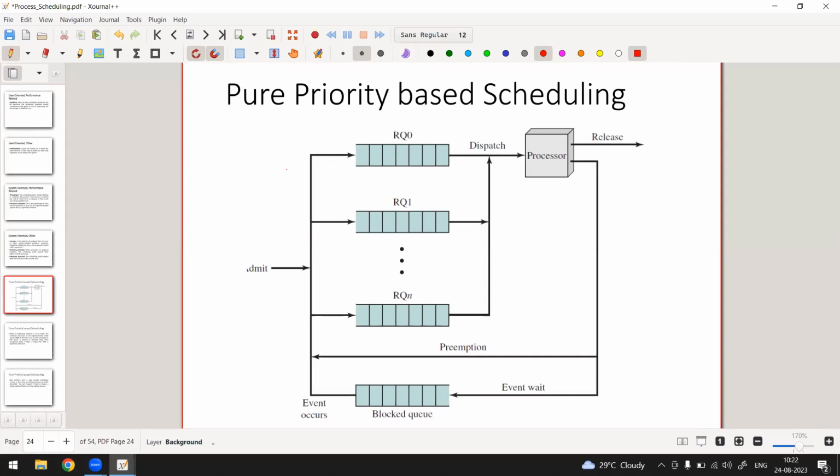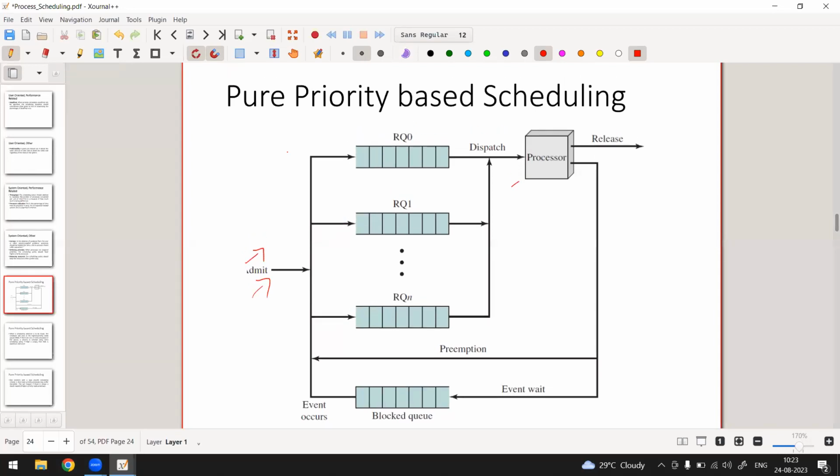You can see that the process is admitted on the left hand side. From here, the process will be admitted, and you have multiple priority queues, right?